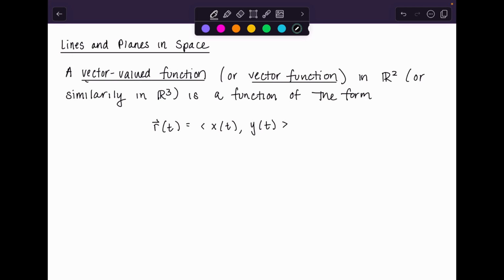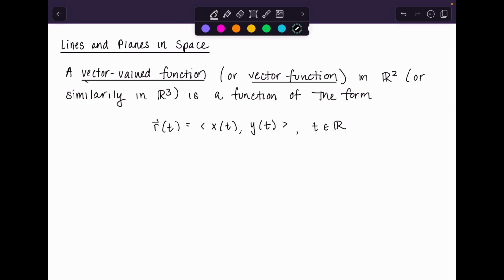So in R2, it's just going to have the two components, and it's going to give you a two-dimensional vector. And this value of t is just some real number. So technically, it's a single valued function because you're only inputting t. The output, however, instead of it being just a y value, is going to give you an xy coordinate.